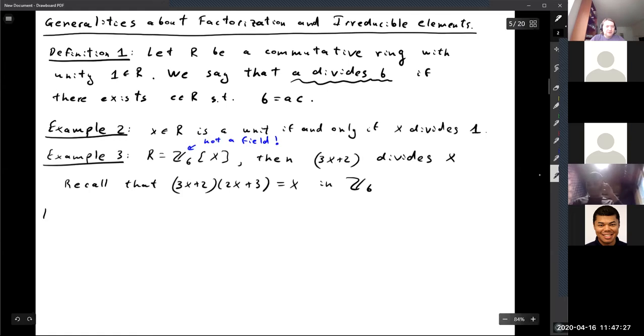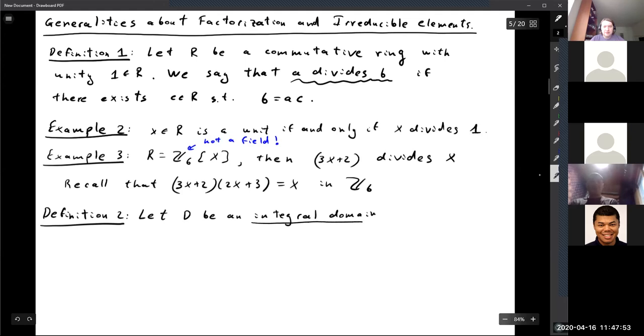So the formal definition is as follows. Definition 2. Let D be an integral domain. This is a commutative ring with unity with no zero divisors.